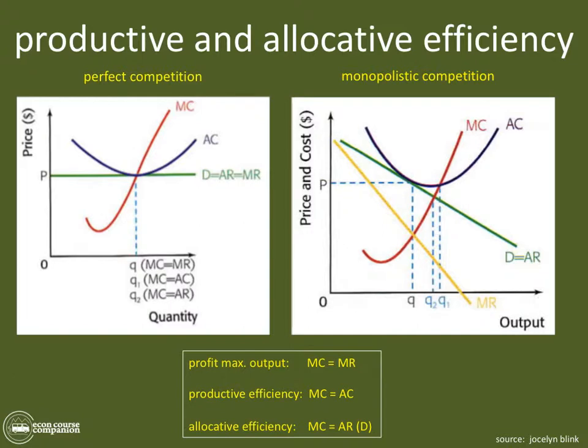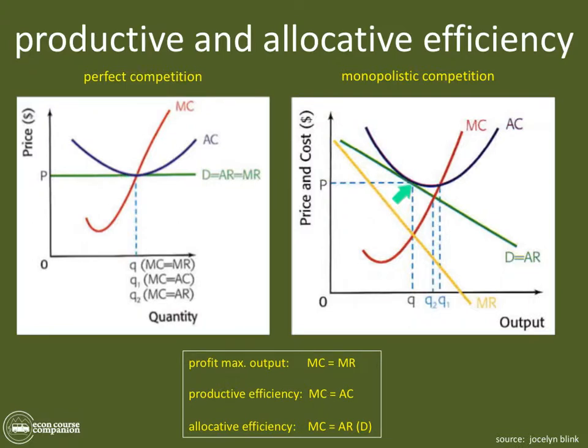Okay, cool. So where's the profit maximizing level of output? It's where MC equals MR. Well, that's MC, so follow MC. MR, boom. That is your profit maximizing level of output. In the long run, in monopolistic competition too, firms are only going to experience normal profits, which is the same thing as perfect competition.